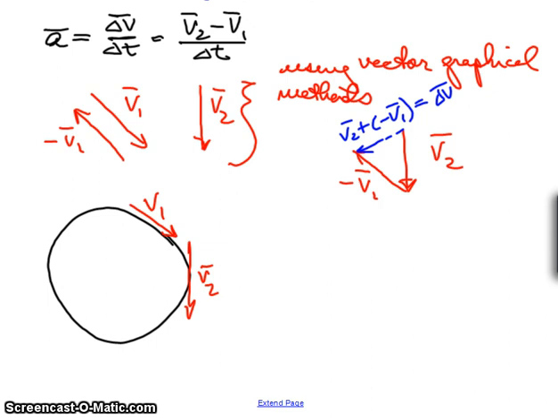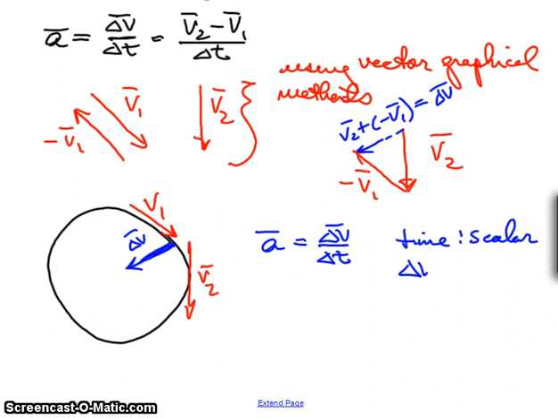Delta V, the change in V, and I'm going to pick it right in the middle, right between two vectors. You can see which way it's pointed. It's pointed directly towards the center, right? Center seeking. That's the change in velocity. Remember our definition of acceleration, delta V over delta T. And time is a scalar.